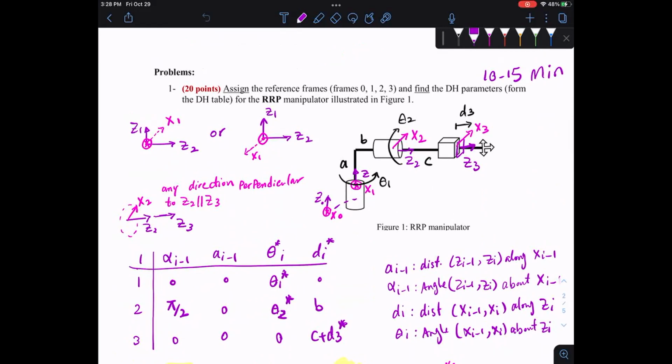I don't want you to use a big matrix for this question, because this is a longer question, so the DH table is going to take forever. Read the question and only answer the question I asked you. If you add extra information, you'll lose points. I think some of you know that.